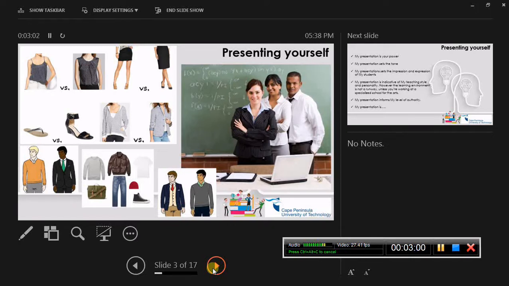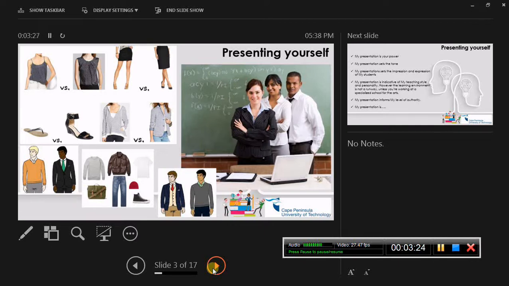And similarly with the gents, you would notice the pictures at the bottom of the slide where you have your 4 cartoon characters which are dressed differently, and they represent and give off a different perception of who the teacher is without you saying anything.